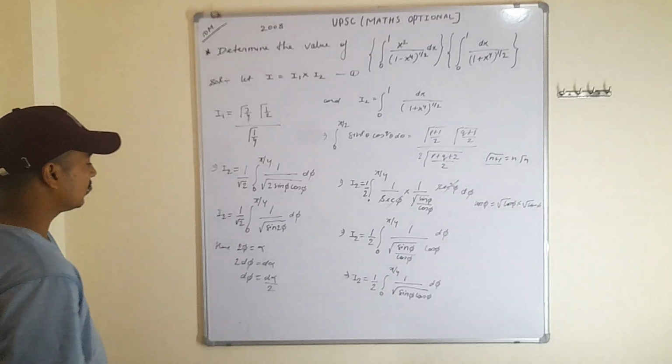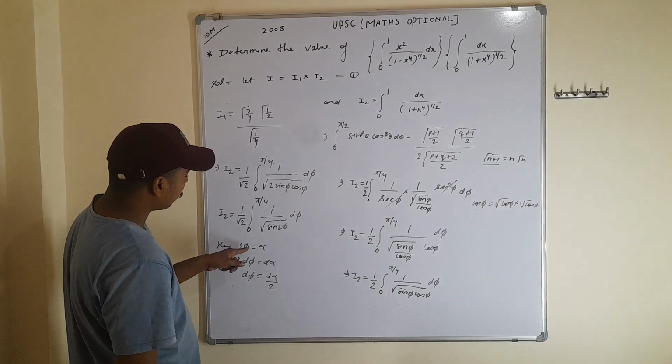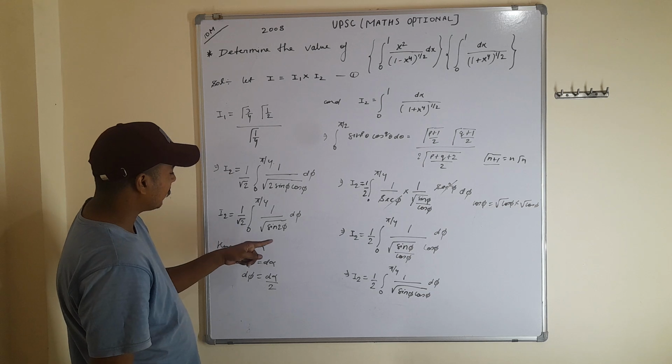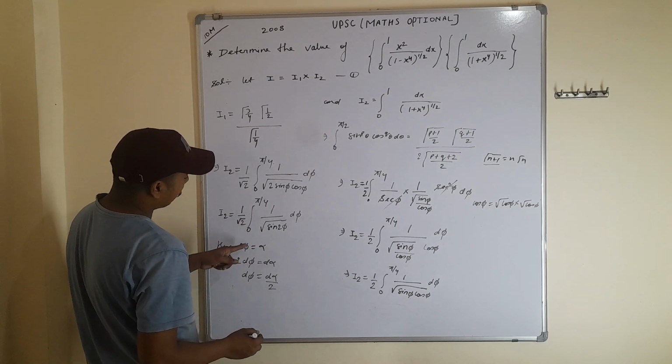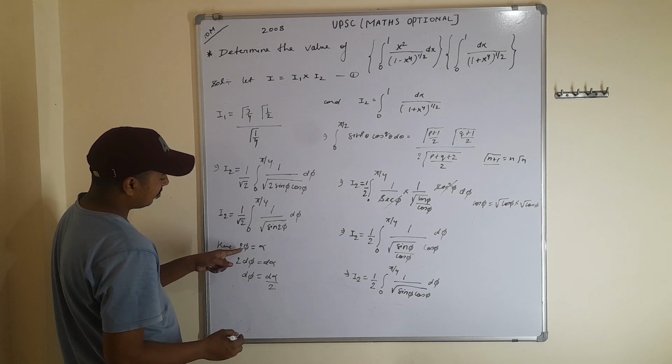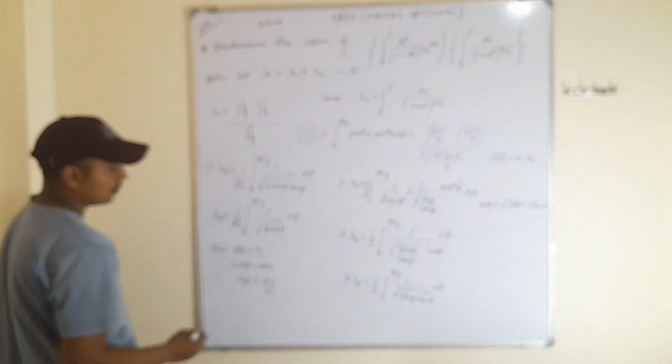From changing limit, when phi is 0, then alpha is 0, and when phi is pi by 4, then alpha is pi by 2.